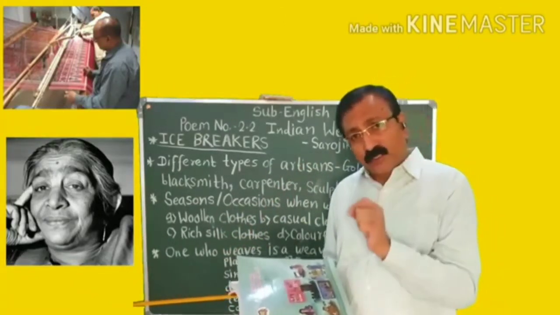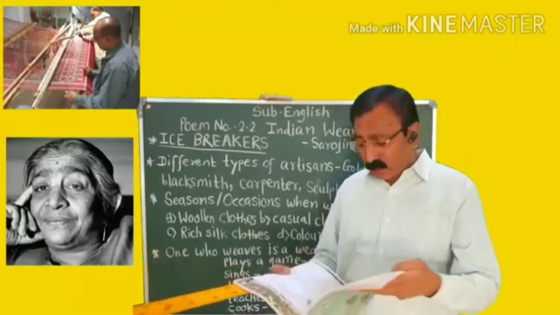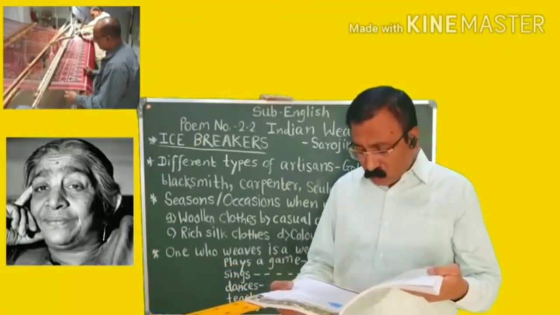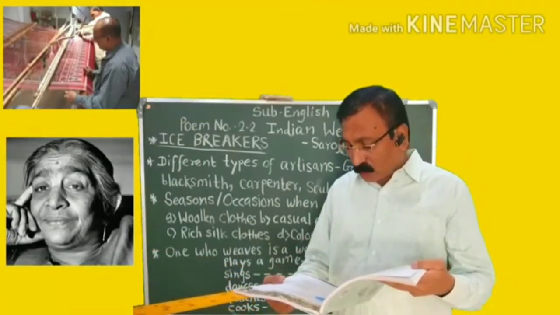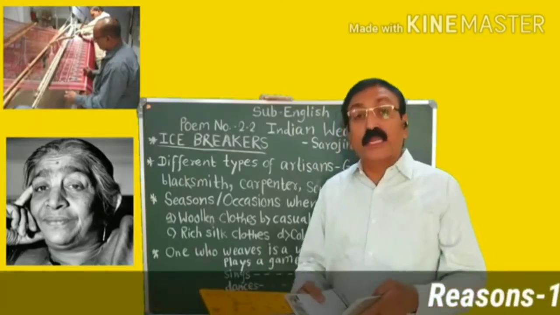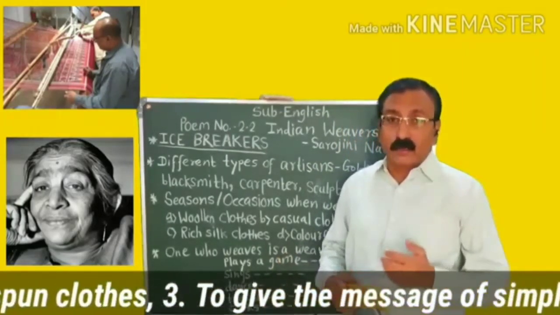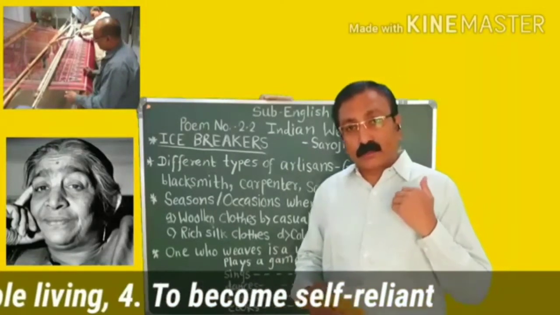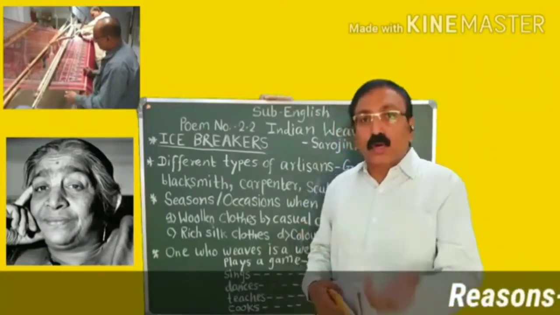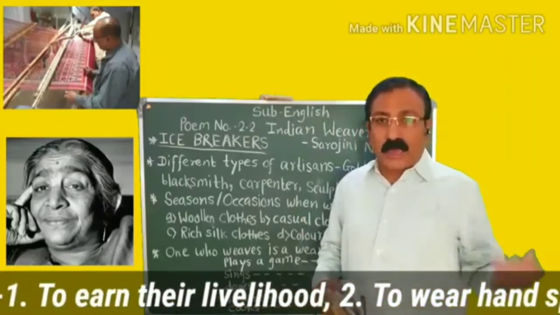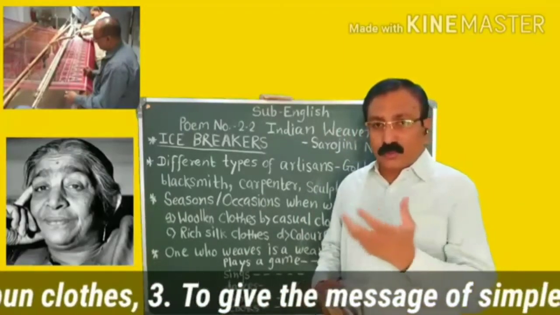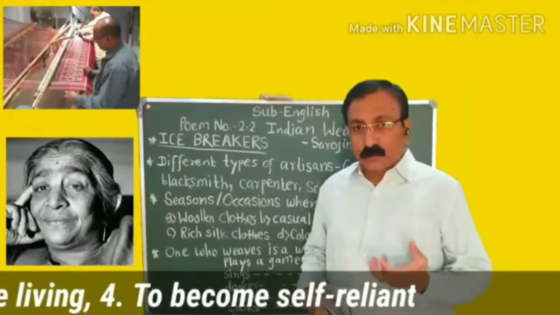One reason is already given in the textbook. I read the reason: to give rural people an opportunity to earn their livelihood. So in the rural area, the people should get the opportunity to earn their livelihood. So this is the first reason.